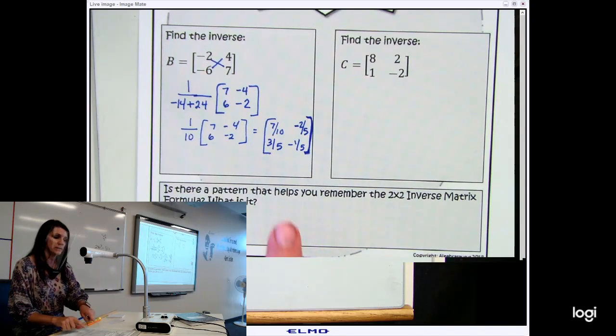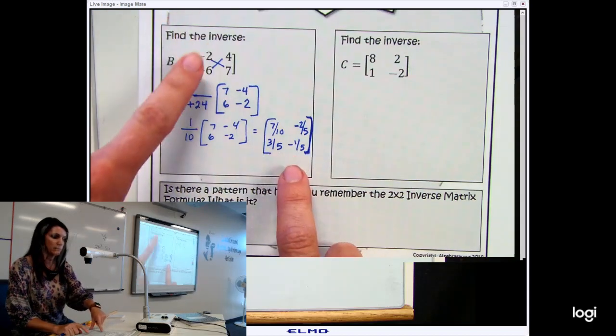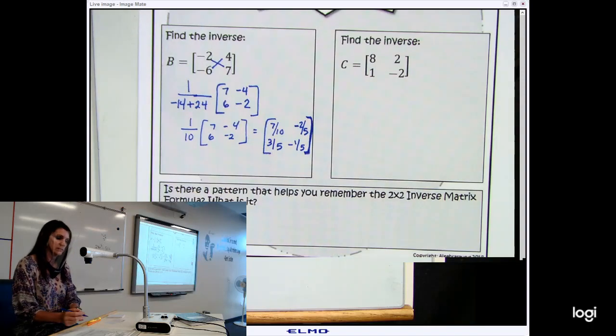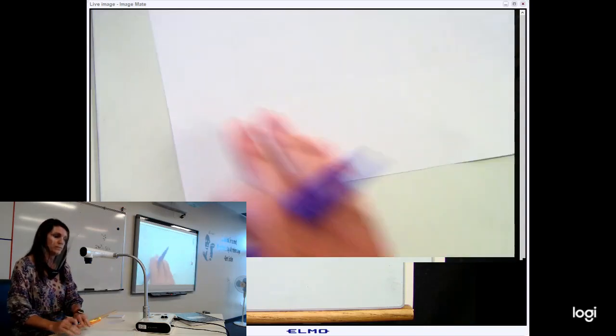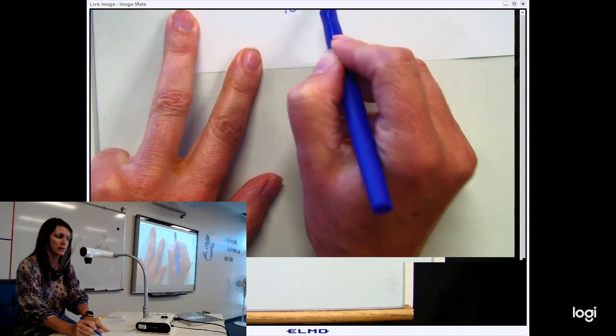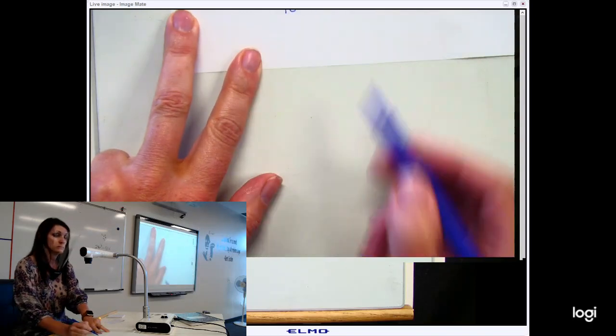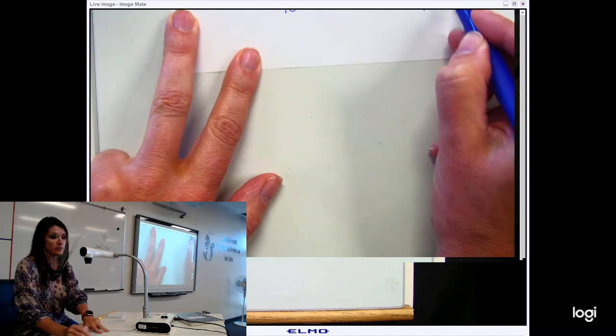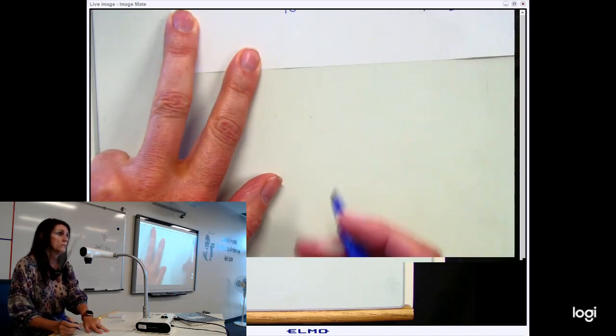What would happen if I multiplied my original B times this inverse matrix? I'll put this back. If we are to multiply 1/10 by 10, what do you get? 1. If we multiply 3/7 times 7/3, what do we get? 1.